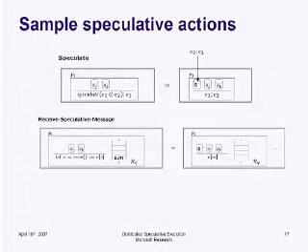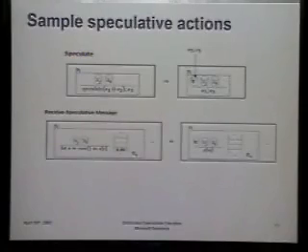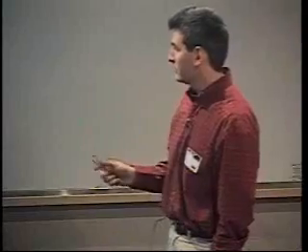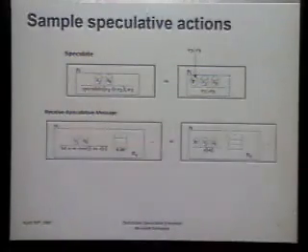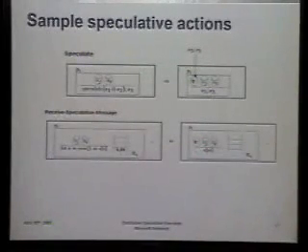What happens when a process receives a speculative message? This is message M, tagged with speculation identifier S. The way the state of the system changes is the following. It's very similar to the speculate call because in this case we have an implicit speculation. We still save a checkpoint with the state of the process and so on.